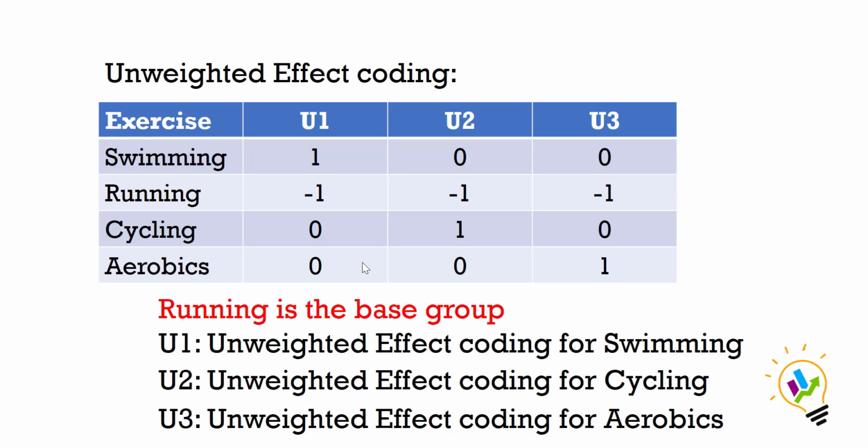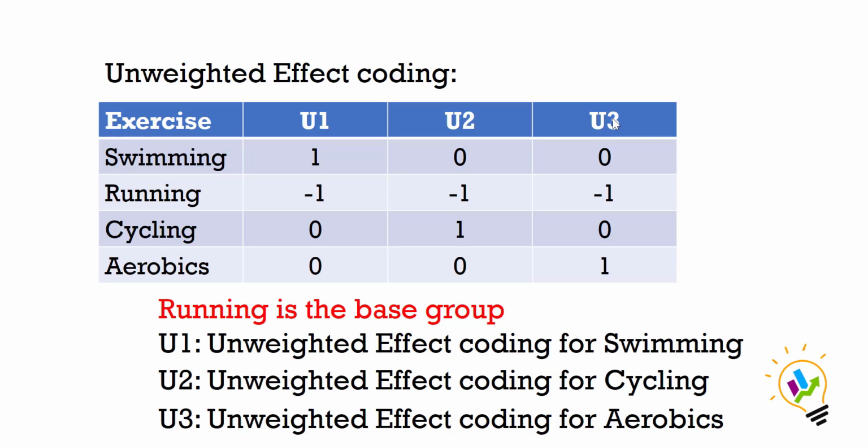Now let us see U1. U1 is the unweighted effect coding for swimming. So for swimming, I have given 1, and for cycling and aerobics, we have given zeros. U2 is the unweighted effect coding for cycling. For cycling, we have given 1, and for swimming and aerobics, we must give the code as zeros.